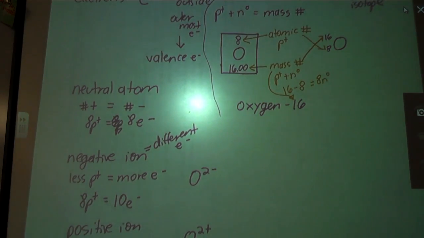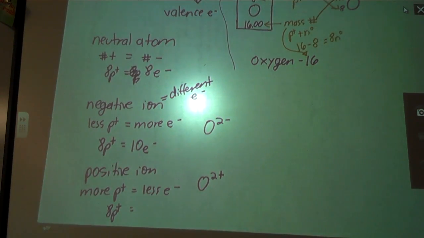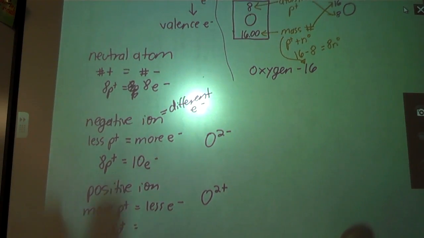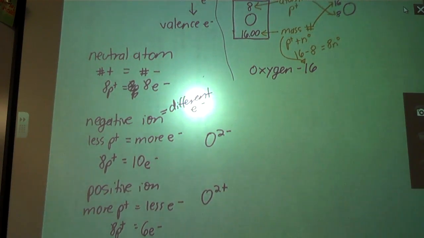So if I said 10 protons, all of a sudden I'm not talking about oxygen anymore. Now it's neon. So I can't change my proton number. Instead, I'm going to have to lessen my electrons. Ordinarily, I have 8 with my neutral atom, 2 less would be 6 electrons.